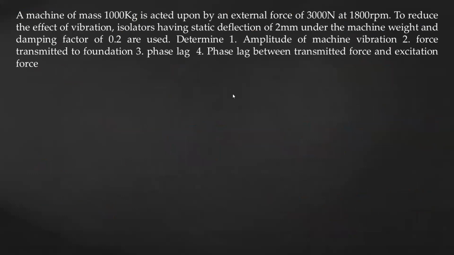Okay, so refer the next problem. A machine of 1000 kg is acted upon by the external force 3000 Newton at speed 1800 RPM.